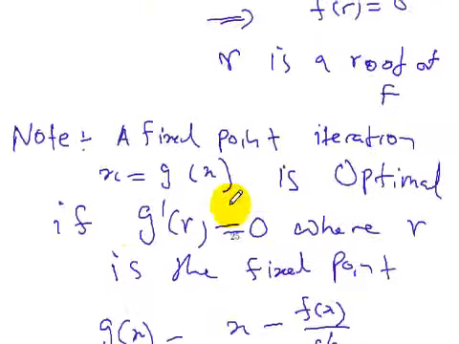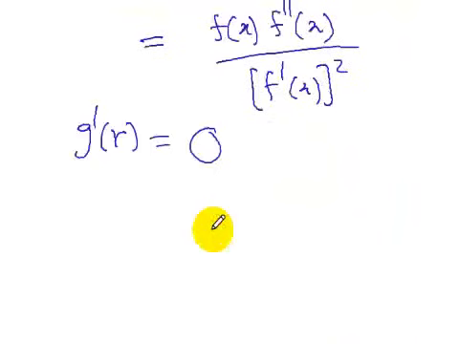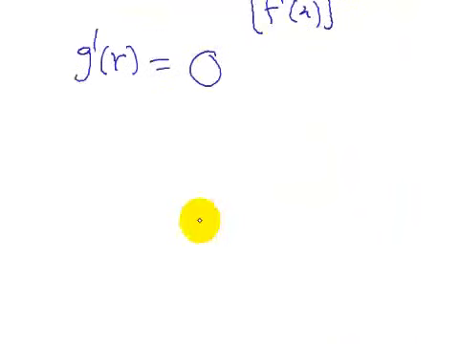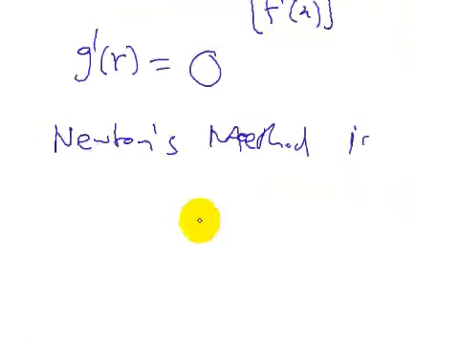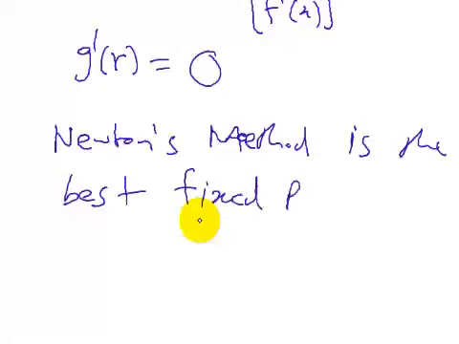Therefore Newton's method is the optimal, the best fixed point iteration method, right?